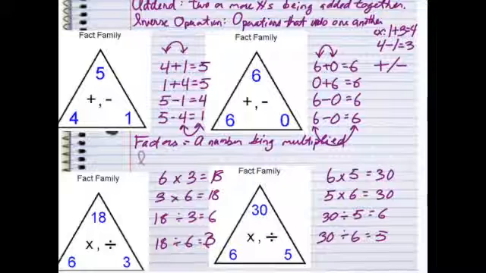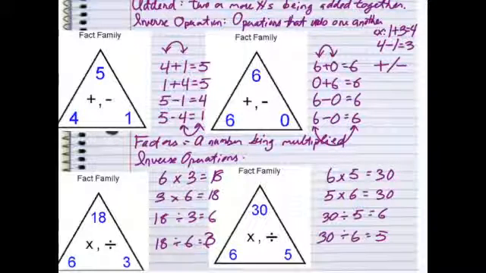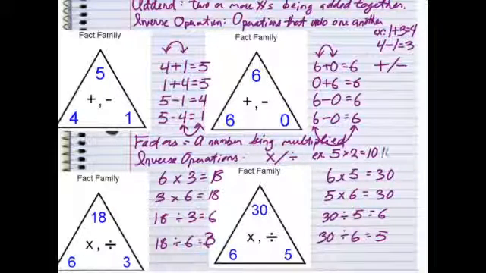And also you want to be aware that the inverse operations here are multiplication and division. For example, 5 times 2 equals 10. 10 divided by 2 equals 5, right? It undoes the initial operation.